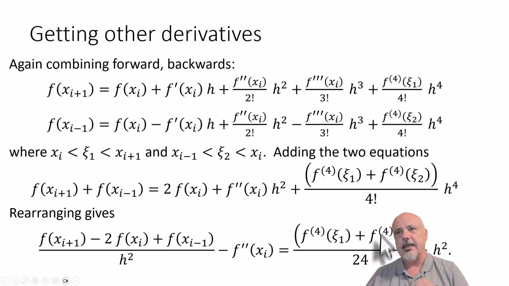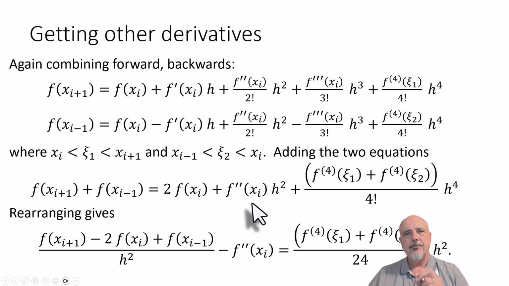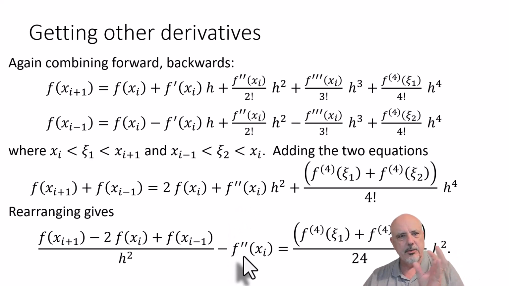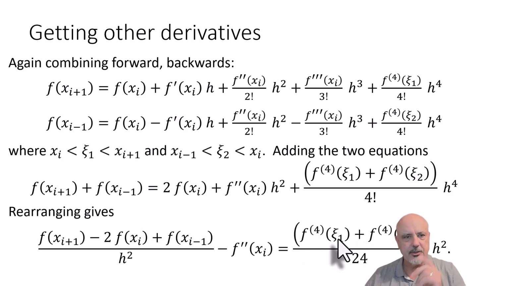I just let that hang around, and then I'm solving for the second derivative of my function evaluated at x sub i, and to get there, I divided through by h squared. So I've got h squared over here. And over here, I had h to the fourth. Now I've got h squared because I divided through by h squared.